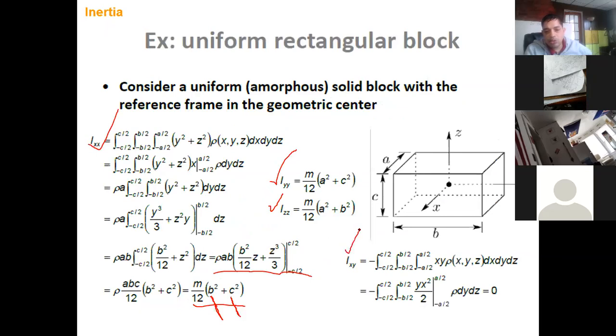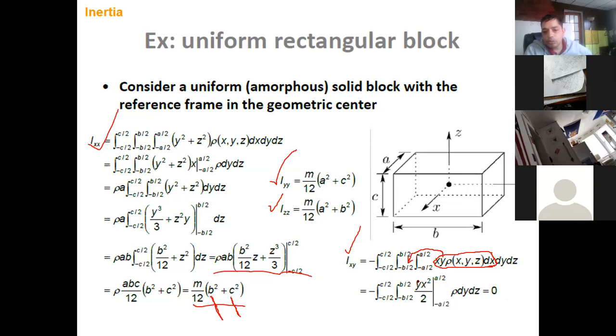IXY, right? Let's do IXY. Then negative C over 2, this is the limit, then XY rho dx dy dz. Let's do the integration with respect to dx here. You can pull out y because y is constant with respect to x.